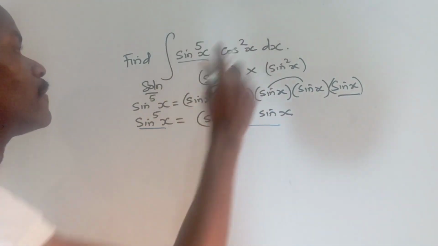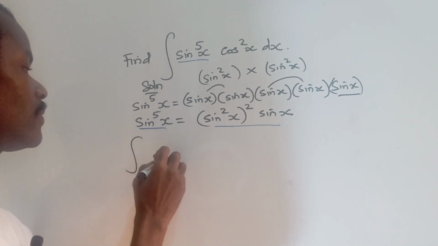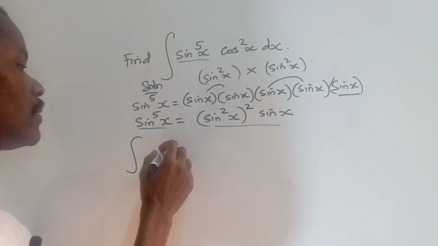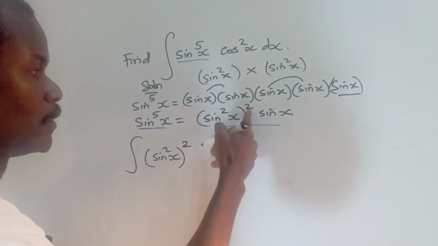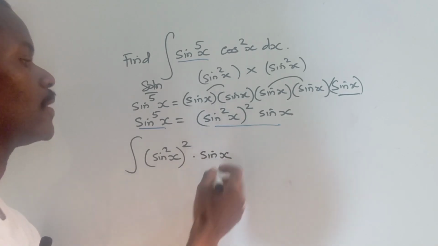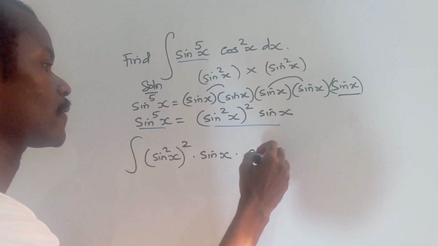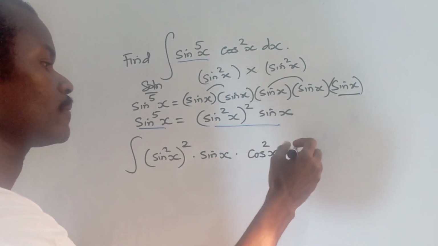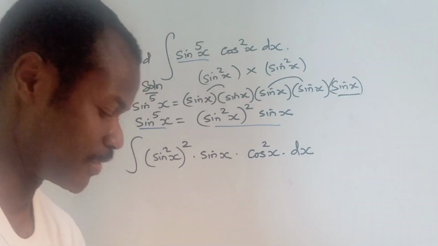So we are going to have all this as the integral of sine squared x raised to the power of 2 multiplied by sine x. So all this covers this, and we have cos squared x dx. So this is our first step.